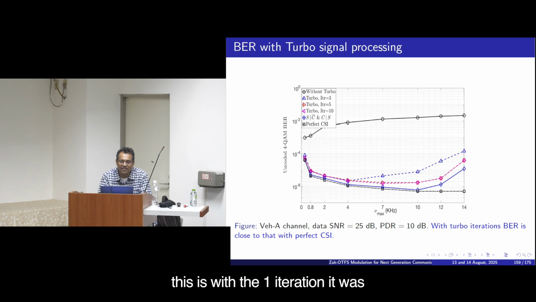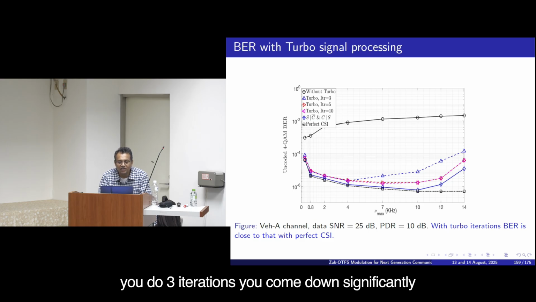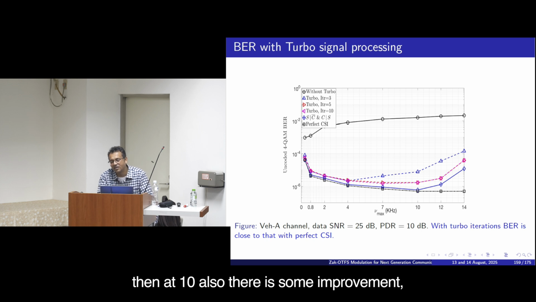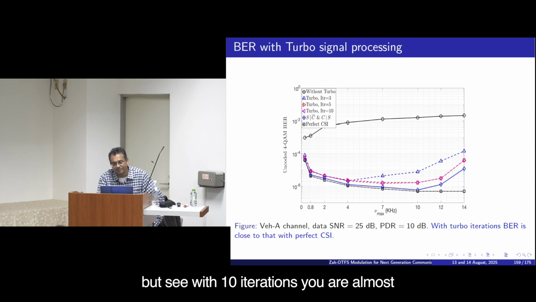So with one iteration it was very bad, around 10 power minus 2. If you do 3 iterations you come down significantly, 5 iterations a little bit of further improvement, and then at 10 also there is some improvement. But see, with 10 iterations you are almost as good as perfect CSI.